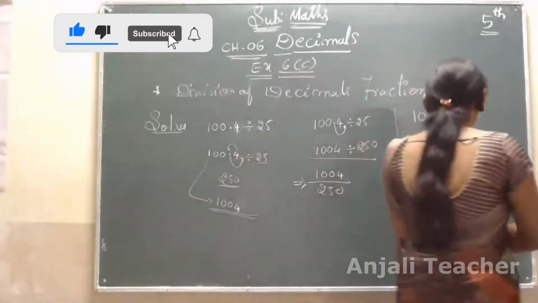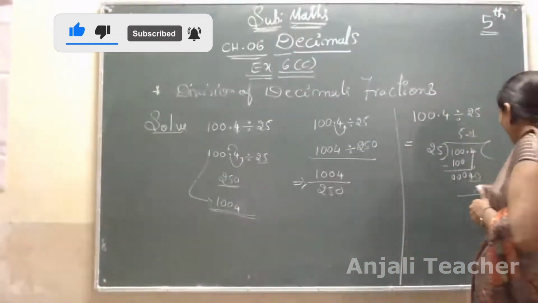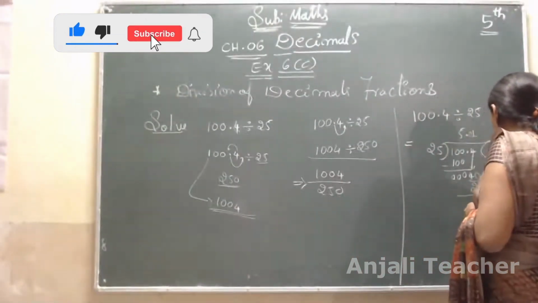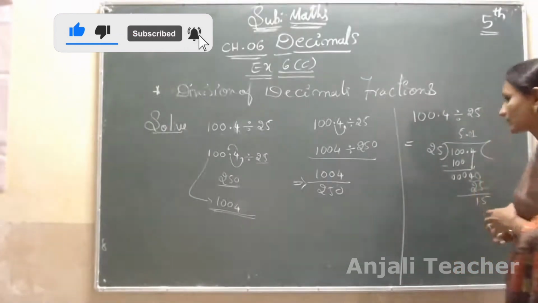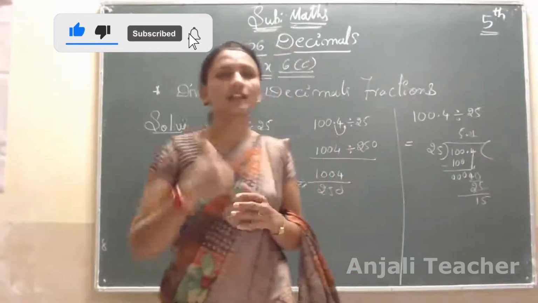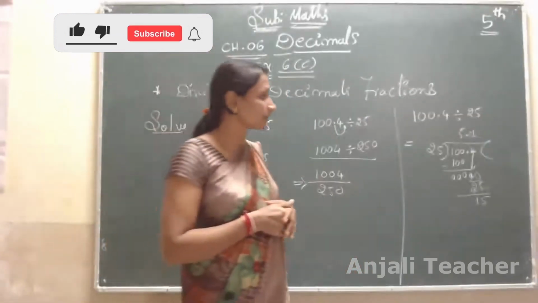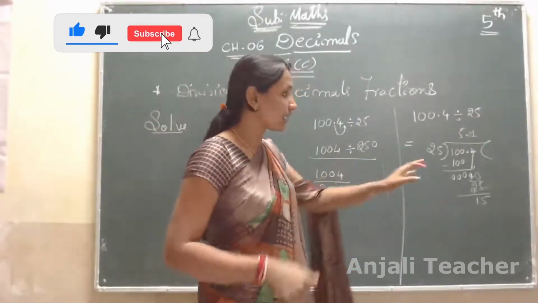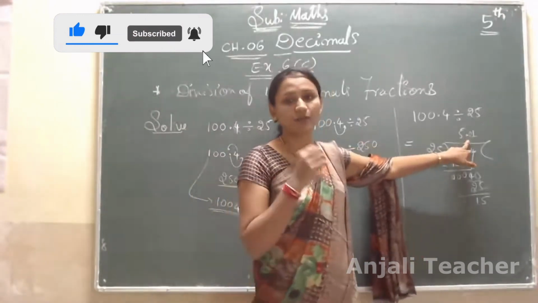Okay, so 25 ones are 25. So you have to write 5 here. Left here 5, here 1. What is the value here? It is 15. So 15 means, students, again you put the value. Already one time you wrote the point and 0.